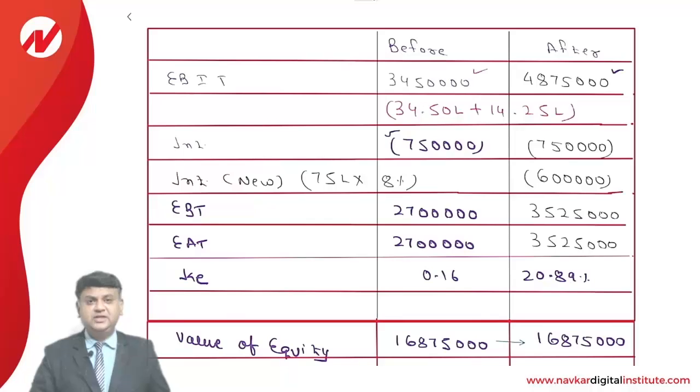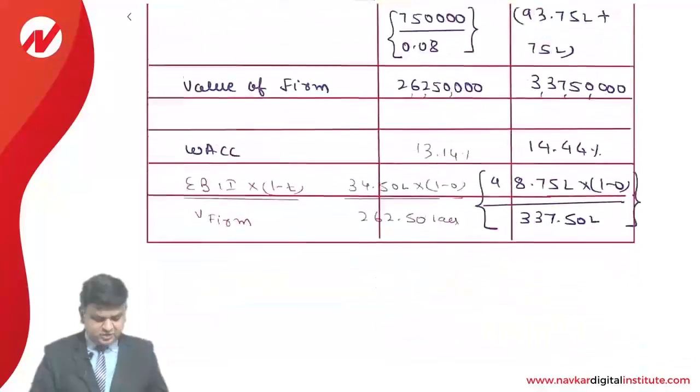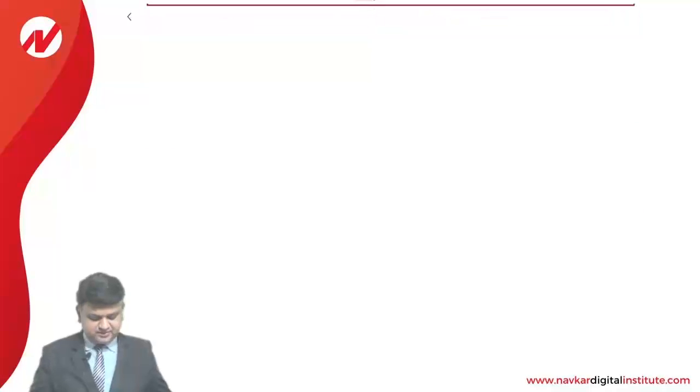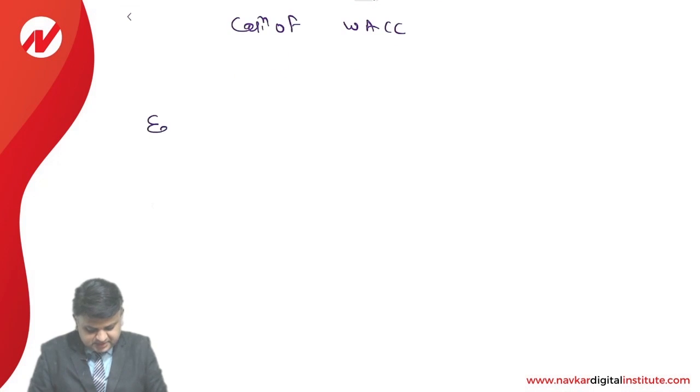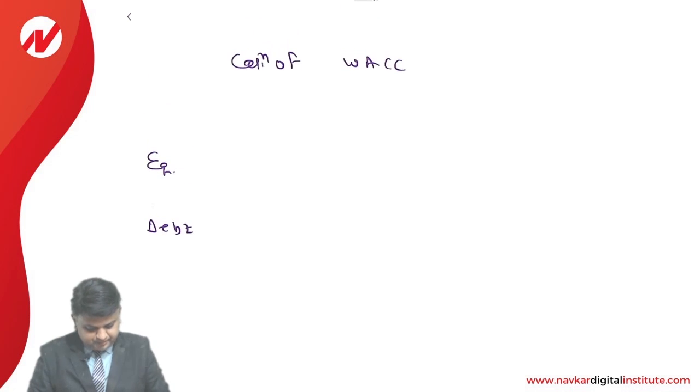Instead of finding the weighted average cost of capital like this, you may use the formula, and with that also you can compute the answer. So if you go with the formula method, it will be like this. Calculation of WACC. In that, equity and debt. I am writing over here before.